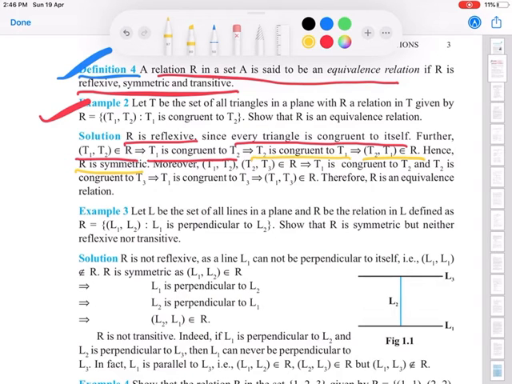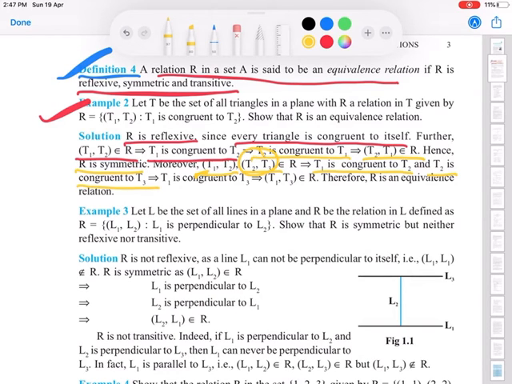Now if we need to prove that the relation is transitive, we say that if (T1, T2) belongs to R and (T2, T3) also belongs to R, then what does that mean? (T1, T2) belongs to R means T1 is congruent to T2, and (T2, T3) belongs to R means that T2 is congruent to T3.